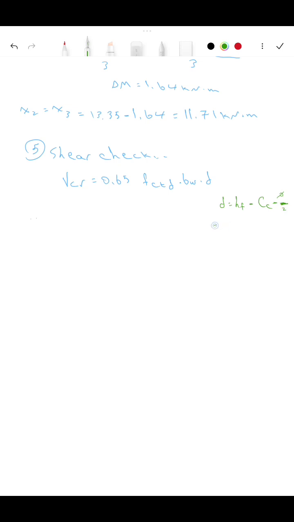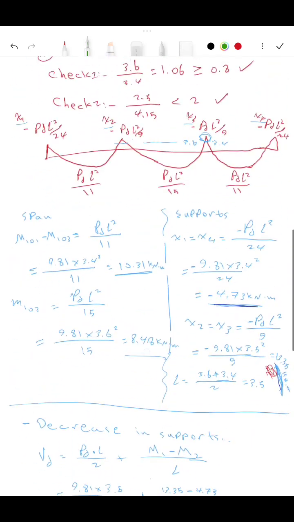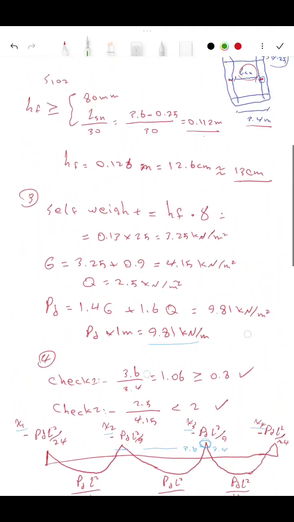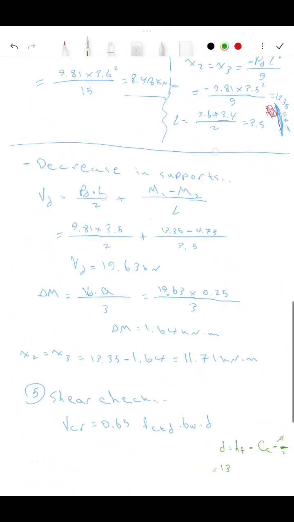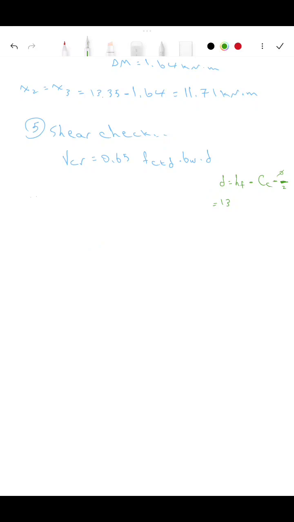HF equals 13 in this example, 13 centimeters, so we will calculate it in millimeters. So we will write 130 millimeter minus the clear cover.